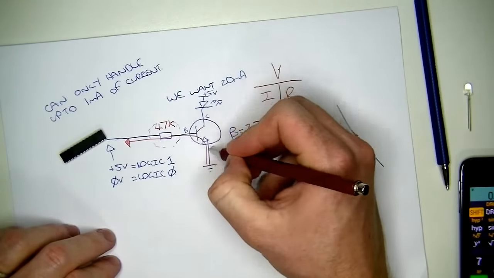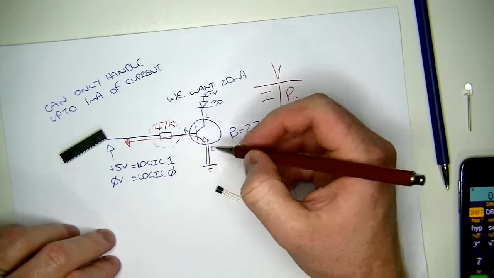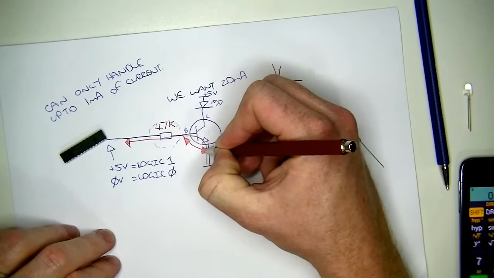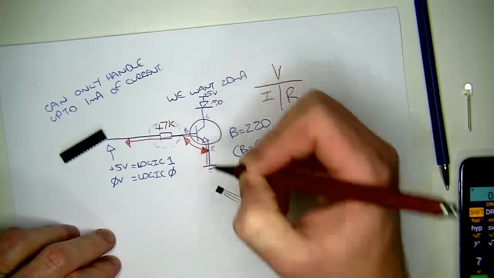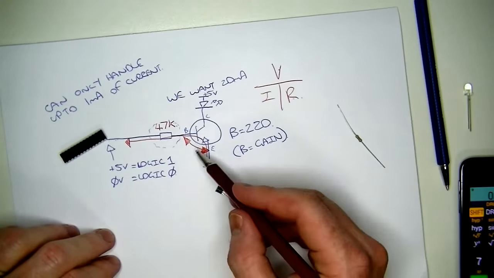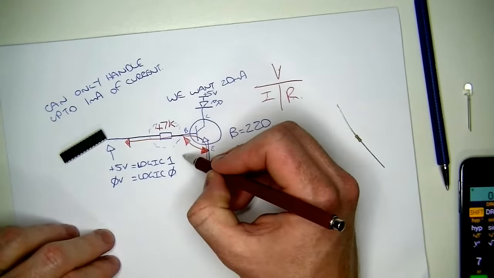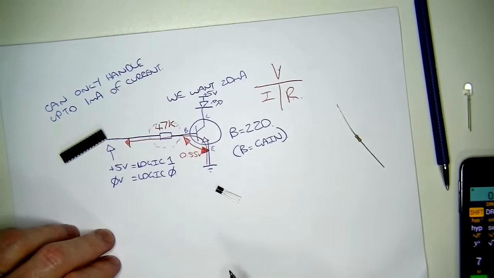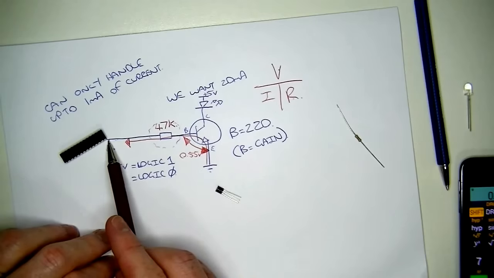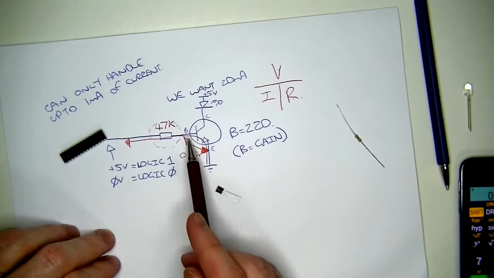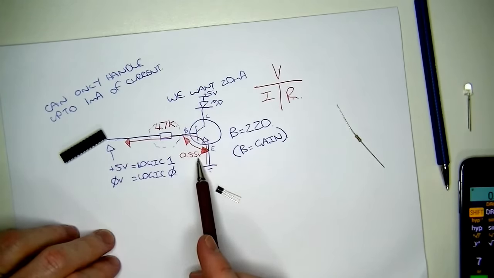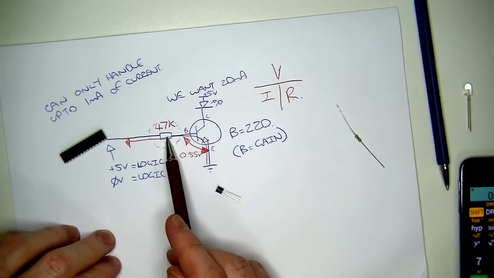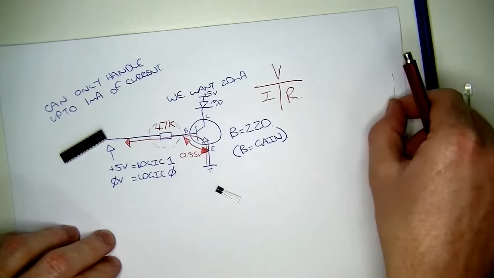Now, a forward biased base emitter junction is going to have what's called a forward voltage drop, and that's in the previous tutorial. It just so happens that the forward voltage drop of this one is around about 0.55 volts. So if we're dealing with a 5 volt power supply and our base emitter is going to grab around about 0.55 of that, that's going to leave the rest, which in this case is 4.45 volts, on the resistor.